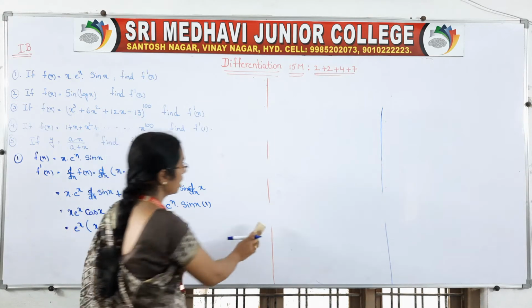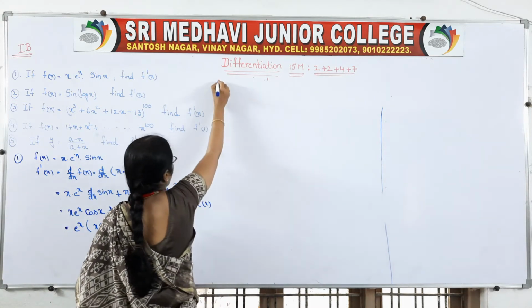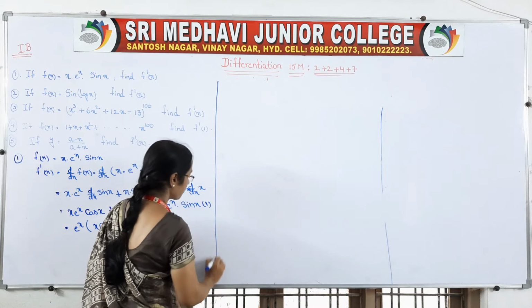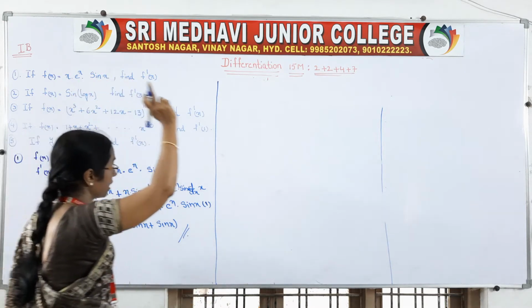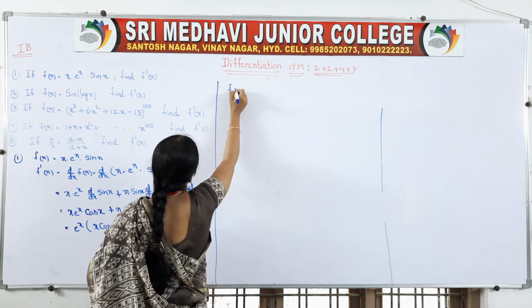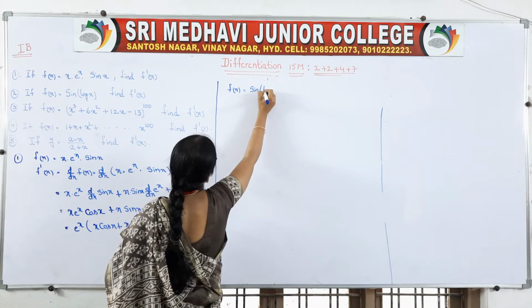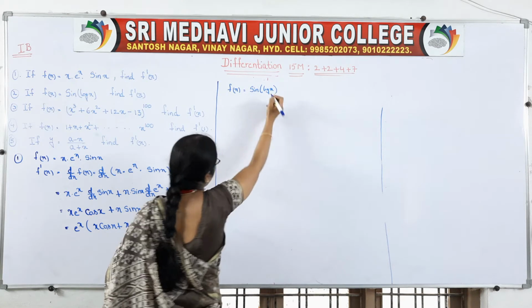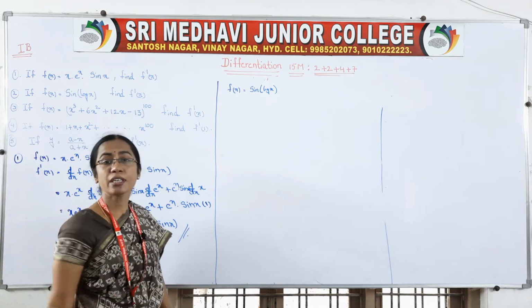Now come to the second question. Observe the question. If f of x is equal to sin of log x, it is not sin into log, observe it. So f of x is equal to sin of log x, just like sin theta or sin x, but in the x place we are having log x.